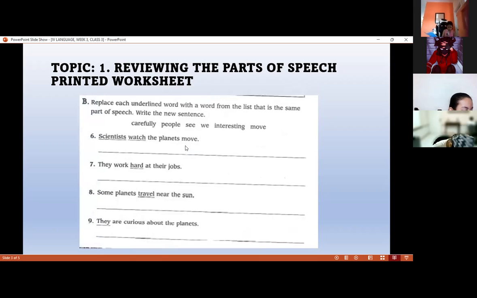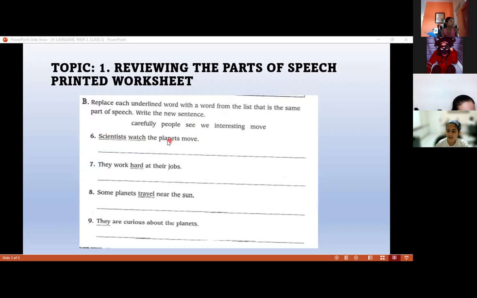It says, replace the underlined word. In this case, interesting, scientists, and see. Okay, interesting, see the planets move. People see the planets move. Scientists, they are people. Okay, Donnie, that's right.